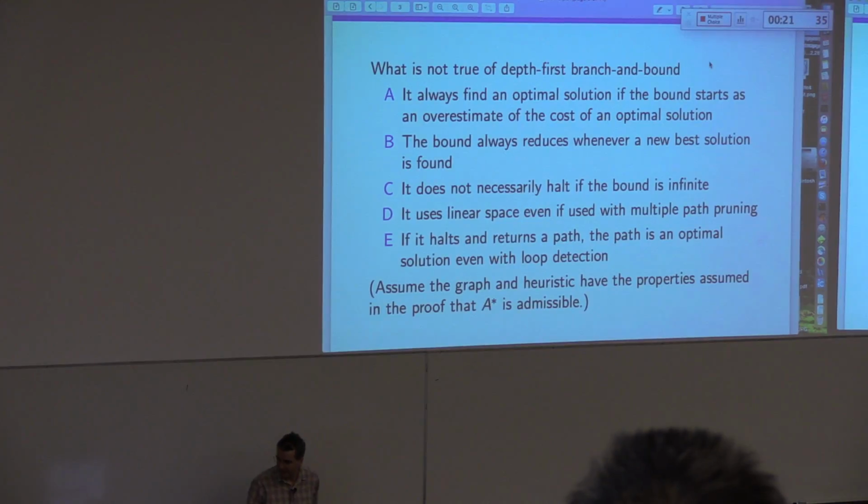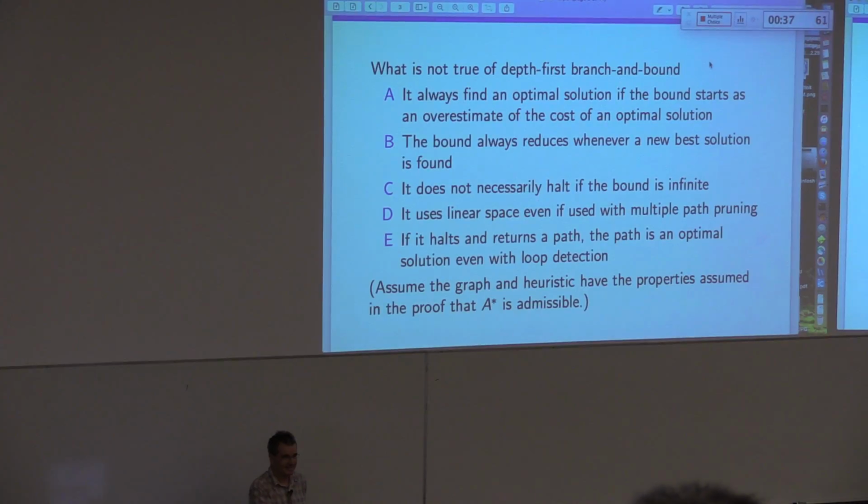C, it does not necessarily halt if the bound is infinite. D, it uses linear space even if used with multiple path pruning. And E, if it halts and returns a path, the path is an optimal solution even with loop detection. Only one of them is false. Sorry, only one of the answers is correct.